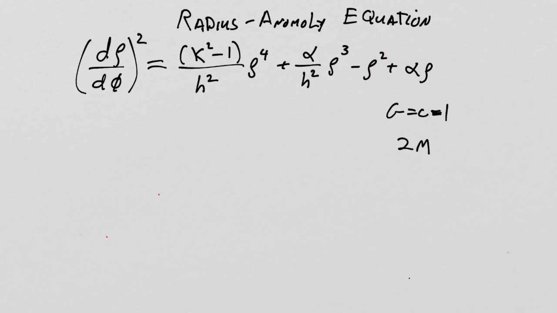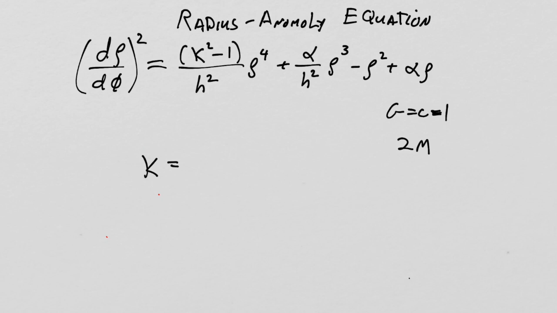This is centimeters squared. This is centimeters cubed times centimeters. So that's centimeters to the fourth divided by centimeters squared. So that's centimeters squared. This is centimeters to the fourth divided by centimeters squared, which is centimeters squared. This is dimensionless. K squared is dimensionless. You may remember that when I say K, of course I mean kappa.